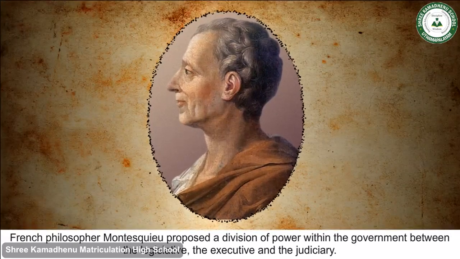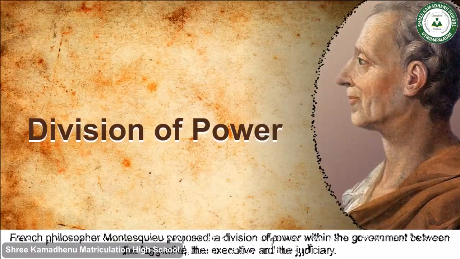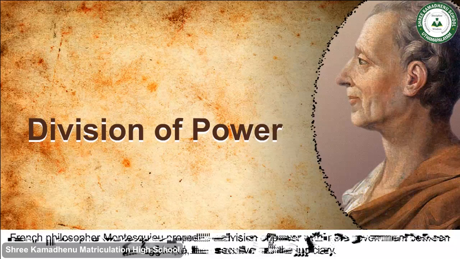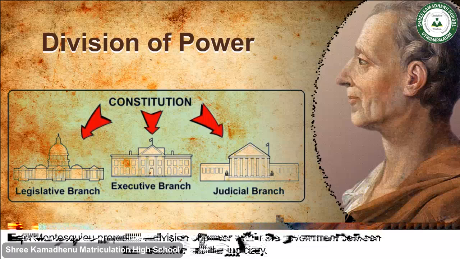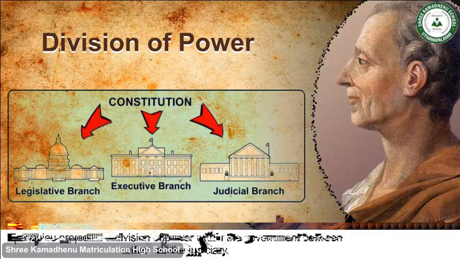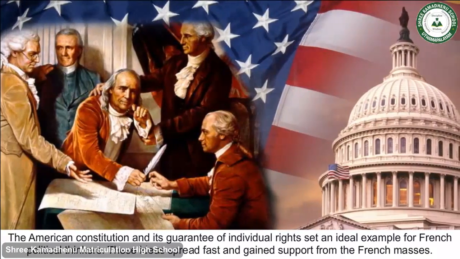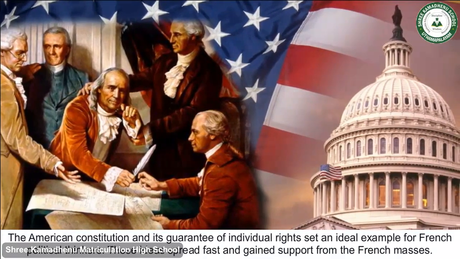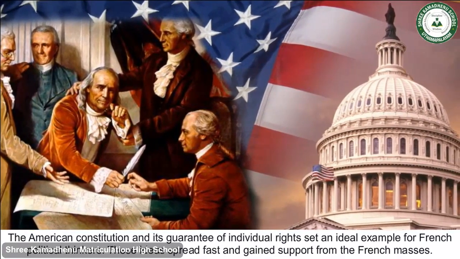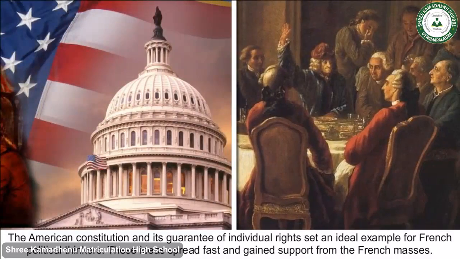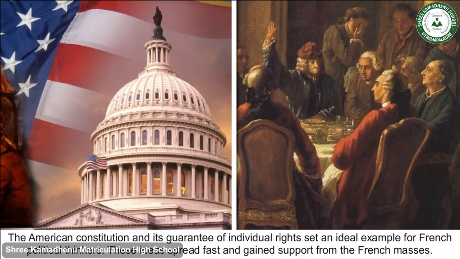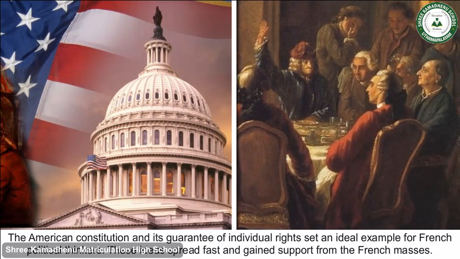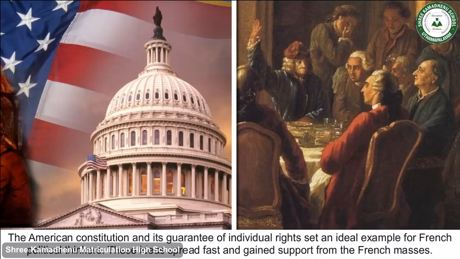French philosopher Montesquieu proposed a division of power within the government between the legislative, the executive, and the judiciary. The American Constitution and its guarantee of individual rights set an ideal example for French political thinkers. These ideas spread fast and gained support from the French masses.